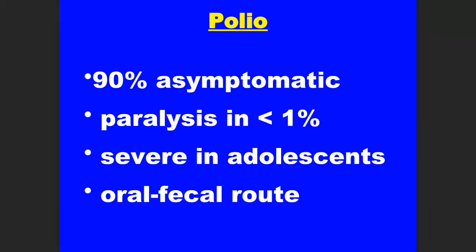All right, now polio. So polio is one of these diseases that, well, at least in the United States, I think the last case of polio in the United States was like in 1979. And even though we don't see it here because of vaccination, it does exist in other countries, especially in countries where there's a lack of vaccines.